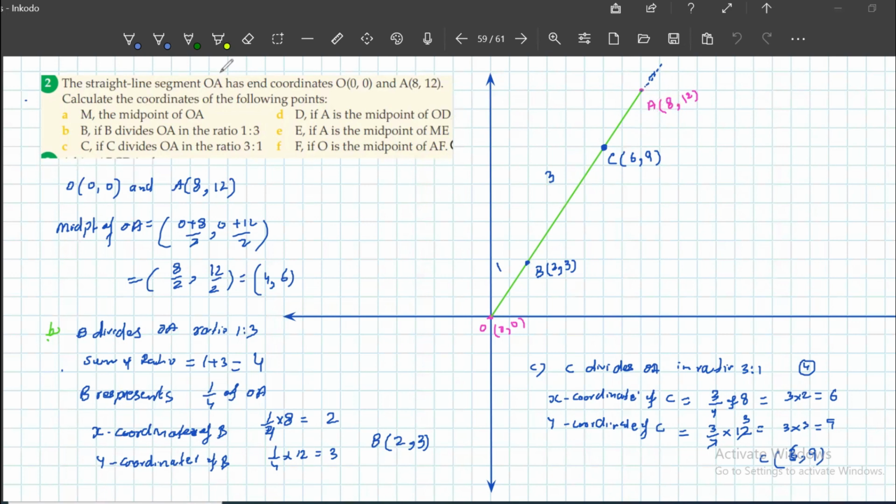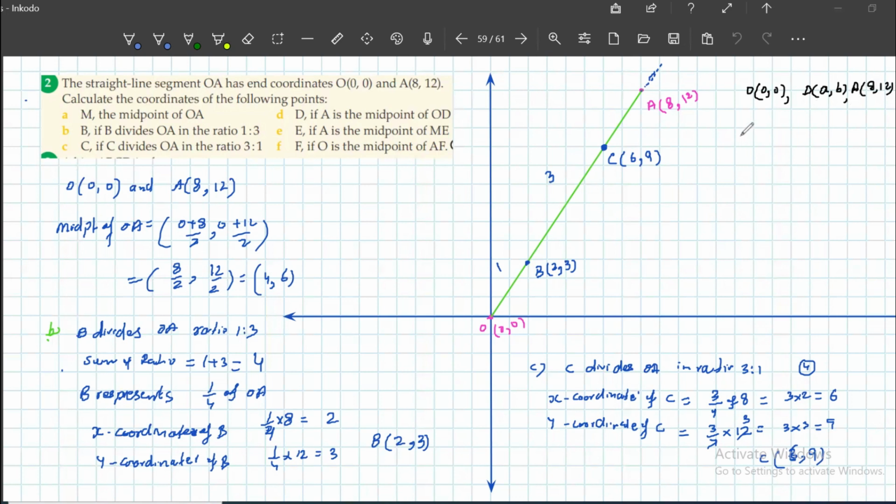Remember this one. The original point is O, which is 0, 0, and the point D we don't know. Let's suppose A comma B, and the midpoint is A, which is 8 comma 12.